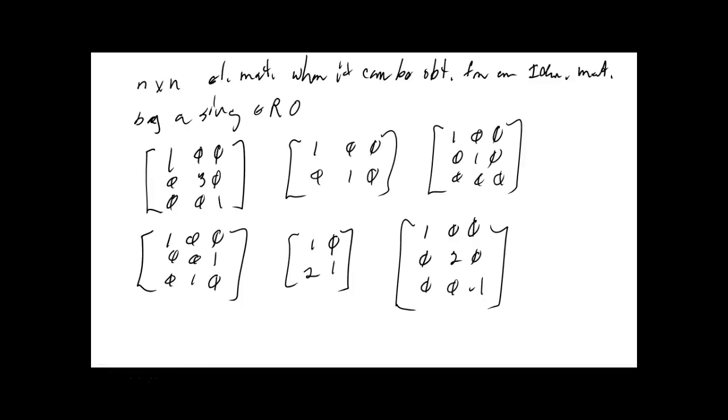Okay. So we had yes, no, no, yes, yes, no. Let's see what they got. The first one is elementary, so the yes was right. The second one's not, because it's not a square matrix. The third one is not because you multiply a row by 0.